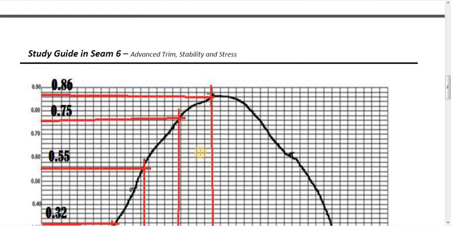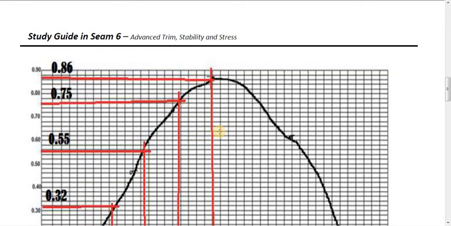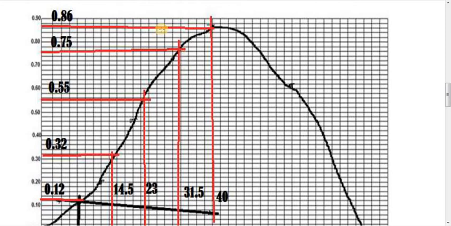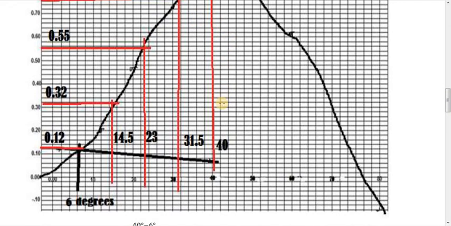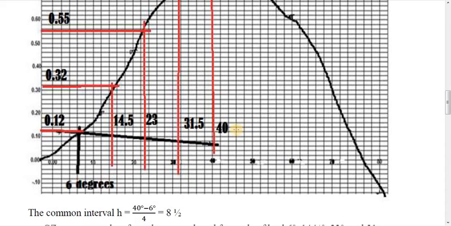Okay, so here is the statical stability curve, which we have already calculated. Alright, so we have 6 degrees estimated, to the nearest whole degree.